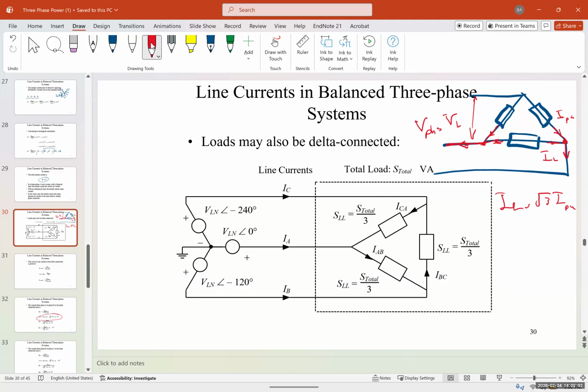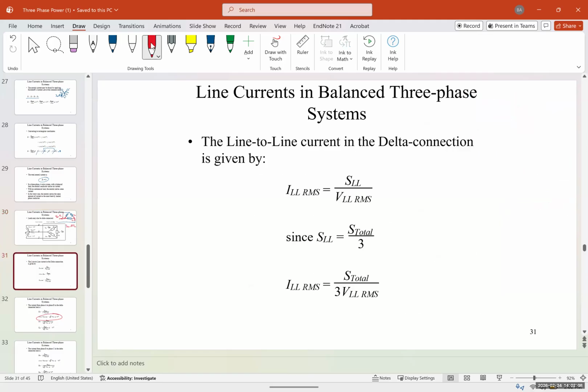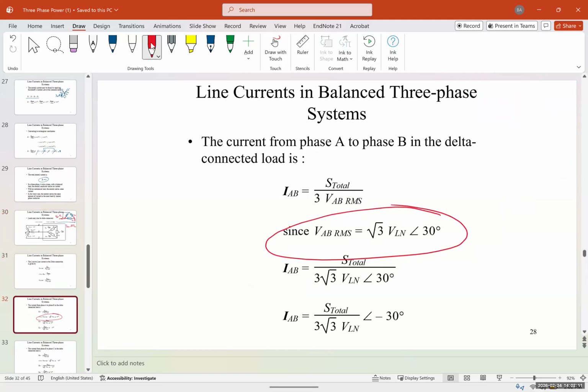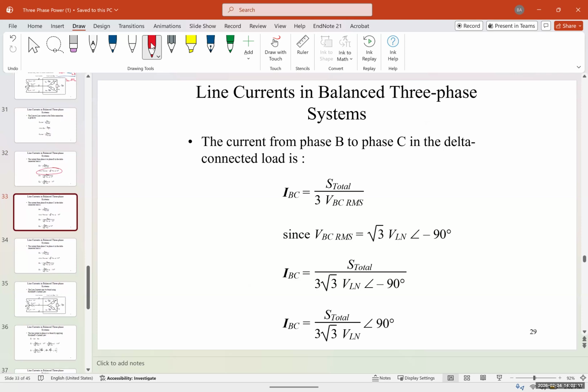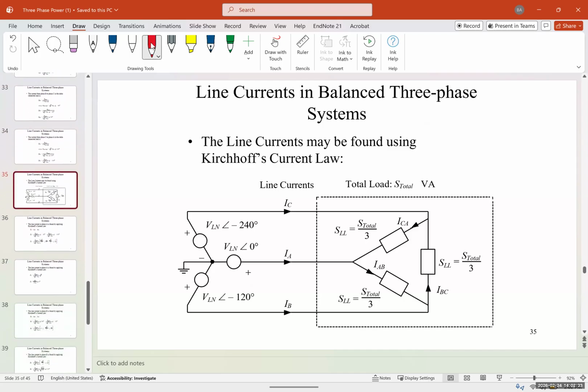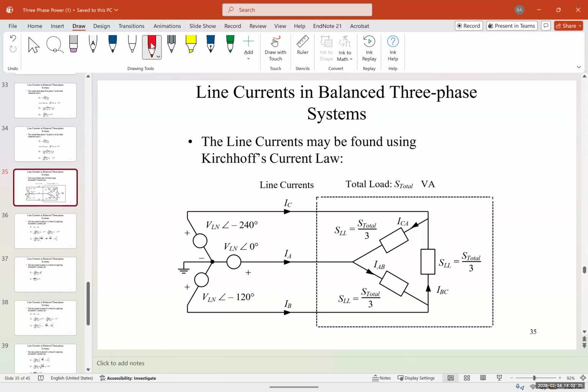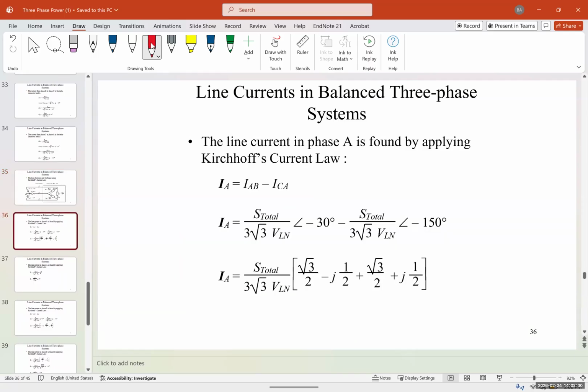V line here is equal to V phase because it's the same, but I line is equal to square root of 3 times I phase. And it's going to be the same equations and the same proof that we had for the Y connection as well. Again, the only difference is that in a three-phase delta connection, V line is equal to V phase and I line is equal to square root of 3 I phase.